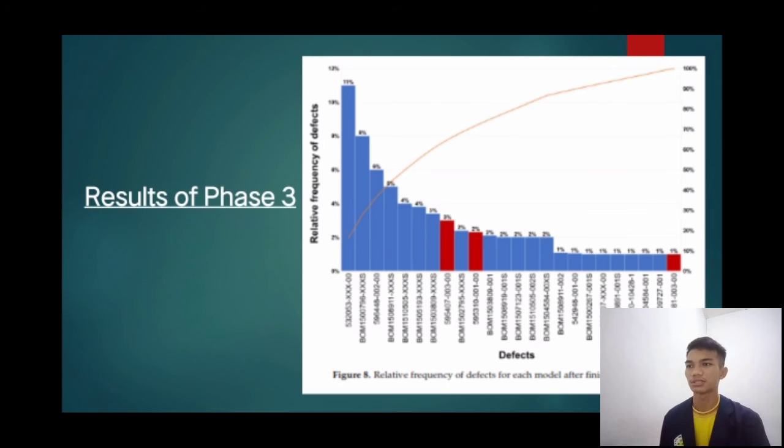So for the next, we see the results of phase 3. The results indicated that all necessary fixtures were purchased for each model, and in the wave welding process, these new fixtures helped to decrease the number of defects in comparison with the old fixtures.